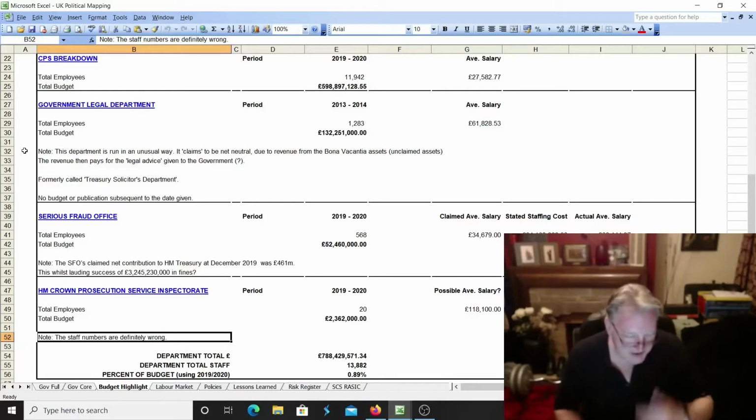The other part is within the Serious Fraud Office. Now, there might be some caveats to this.